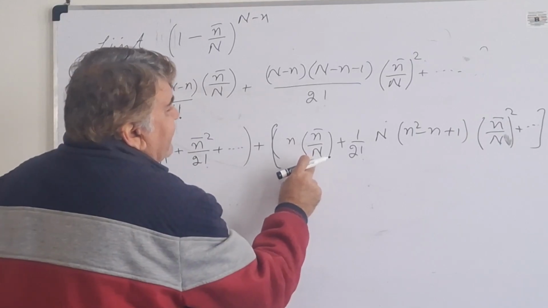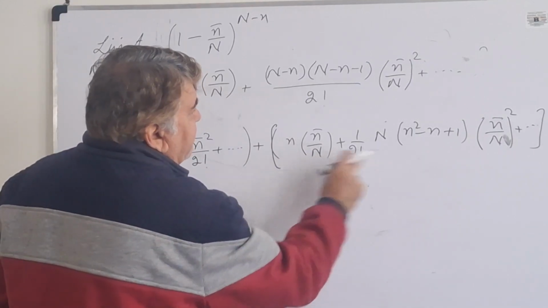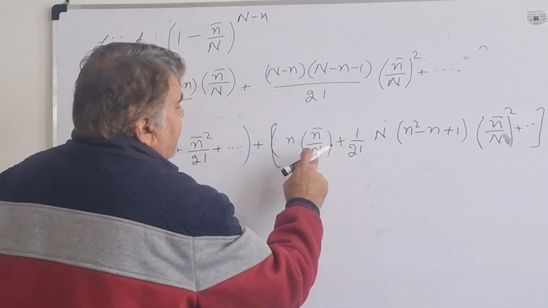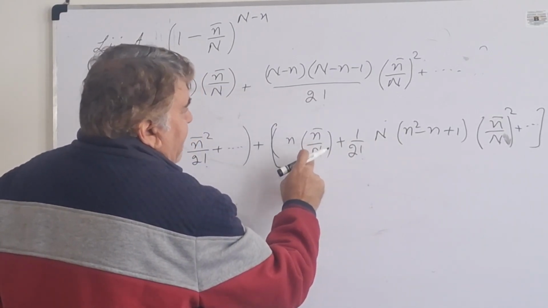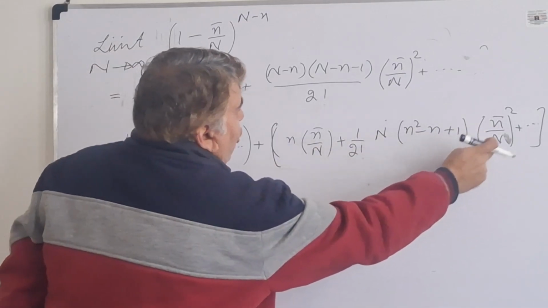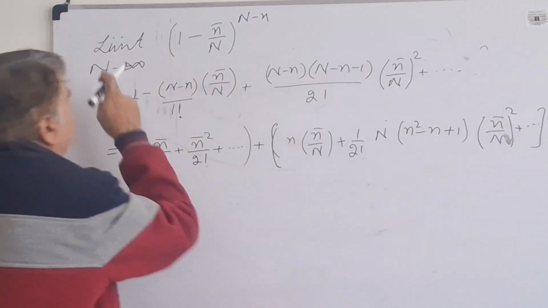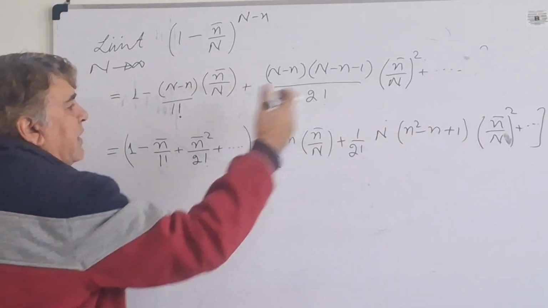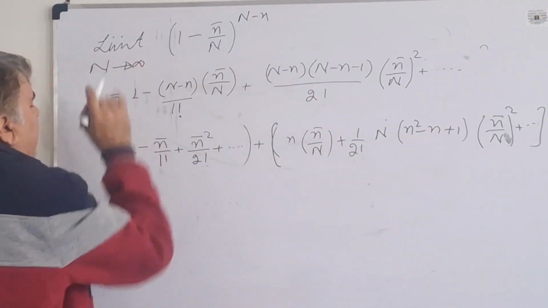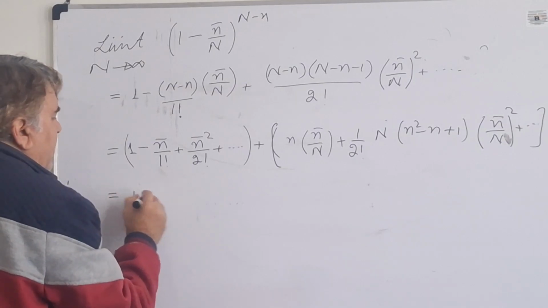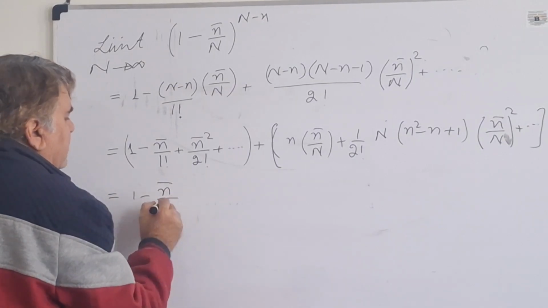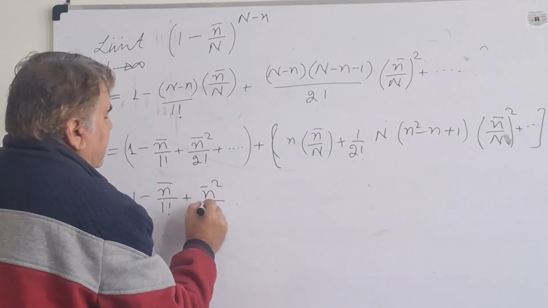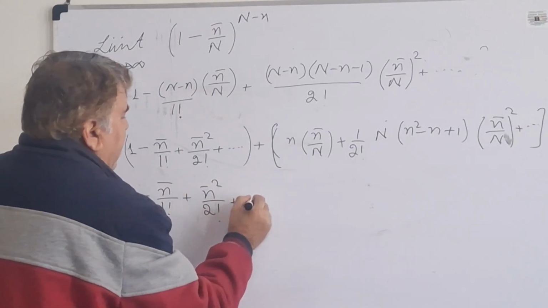Every term inside this whole term contains capital N in its denominator. Therefore, when I apply this limit, this whole term would go to 0. So I ignore that, and from here I get 1 minus n bar over 1 factorial plus n bar squared divided by 2 factorial, and so on.